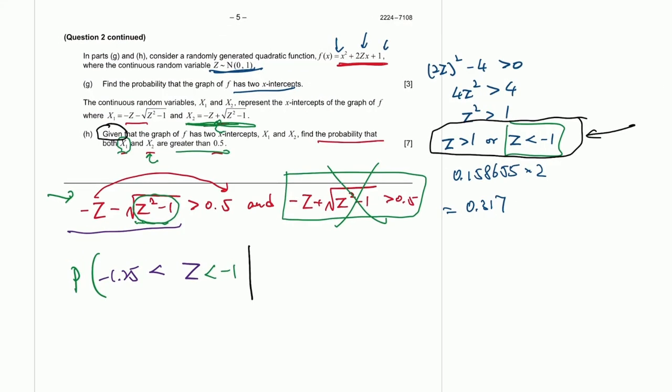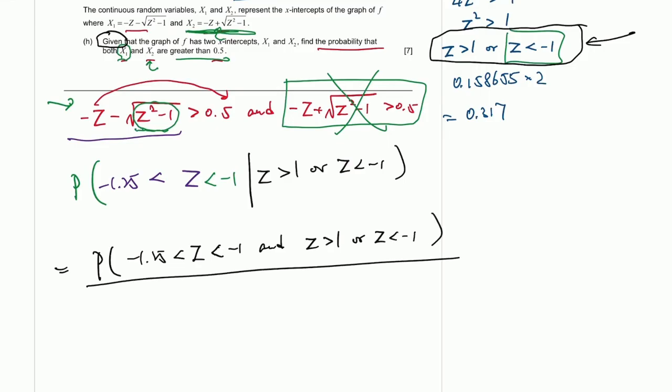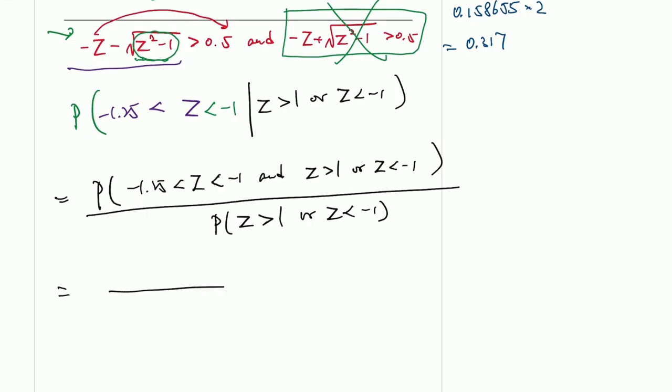So given that z is bigger than 1 or z is less than minus 1, so conditional probability. So it's A and B over the probability of B. The probability of B is what we found.